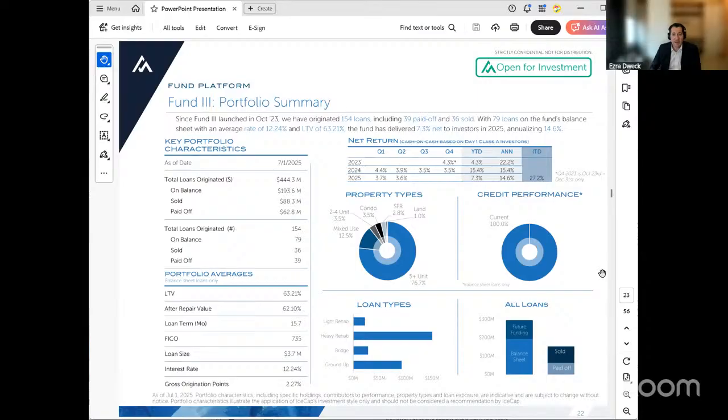We do value add multifamily loans. And we don't do the very, very light rehab value add loans. We do a bit of a heavier rehab, so we're able to get to a very low loan to after repair value. It's a mix of mixed use, 1 to 4, single families and multifamily.